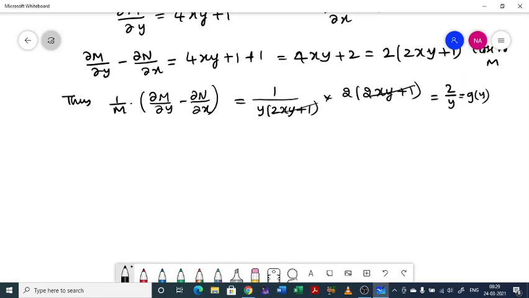So the integrating factor is e power minus integral g of y dy.